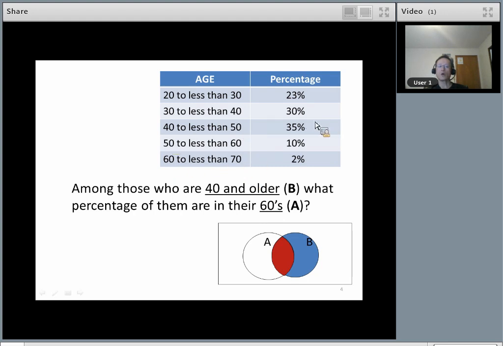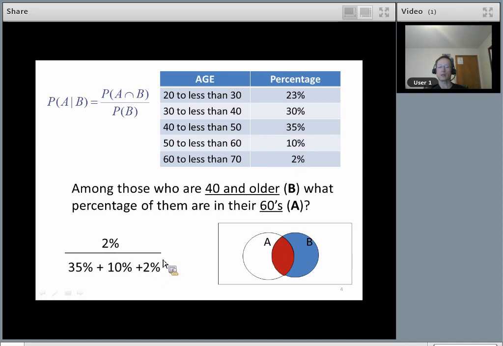So this whole group above 40 is the condition event, and the 60s is the event of interest, that would be event A. To answer such a question, it's this 2% out of the overall 30 plus 10 plus 2%. The ratio of that is the conditional probability, 4.26.